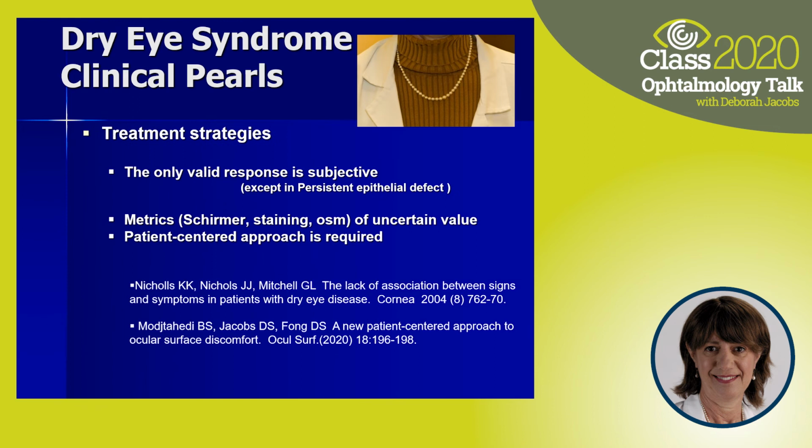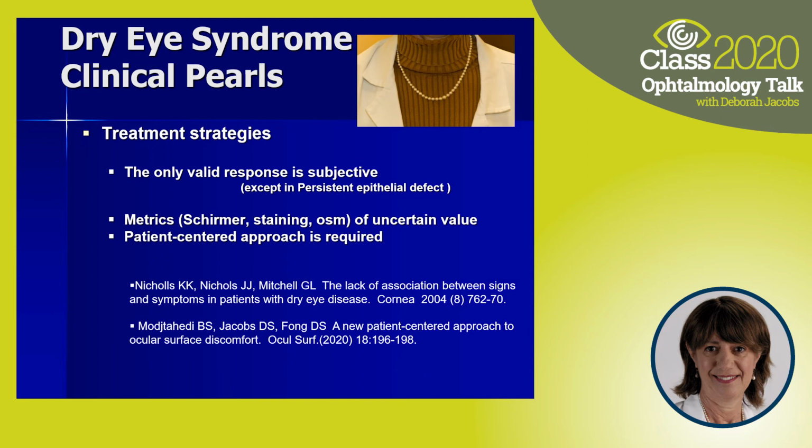Let me stress again that in my treatment approach to patients with ocular surface disease, and particularly those who have dry eye as their entering diagnosis, I believe that the only valid response is subjective. I believe that tear metrics such as Schirmer, staining, and osmolarity are of uncertain value.